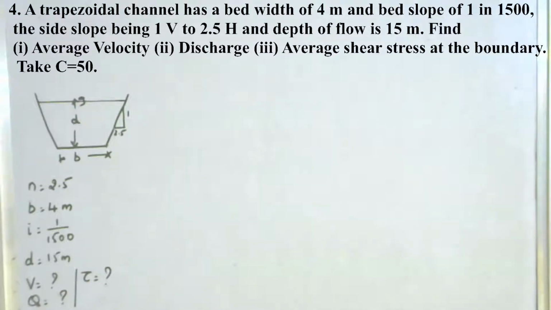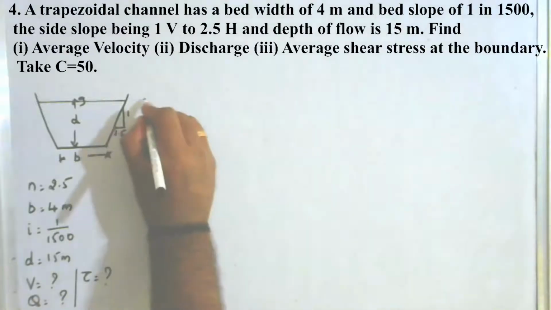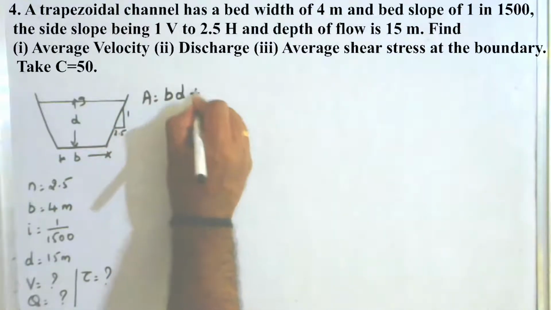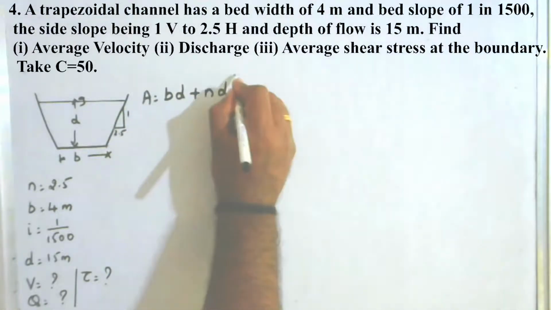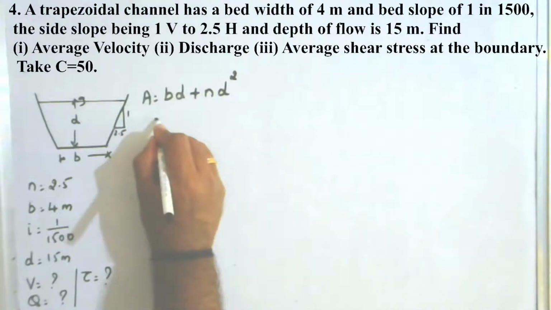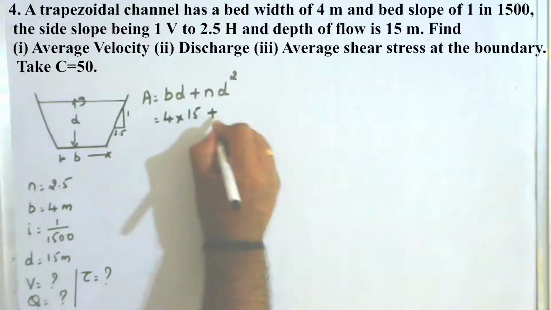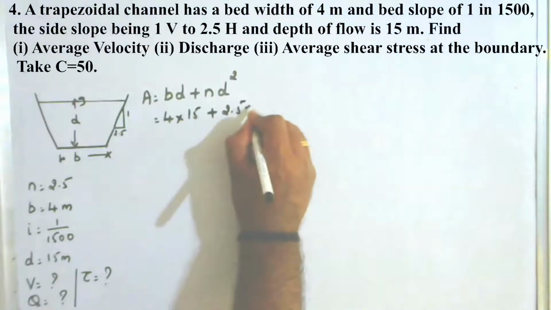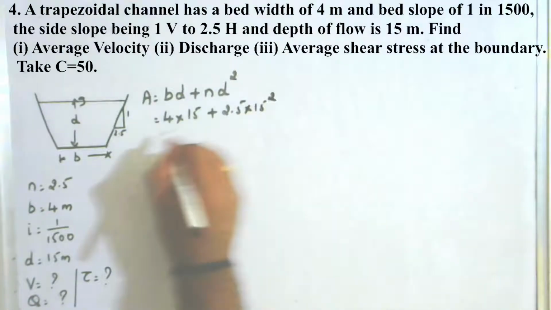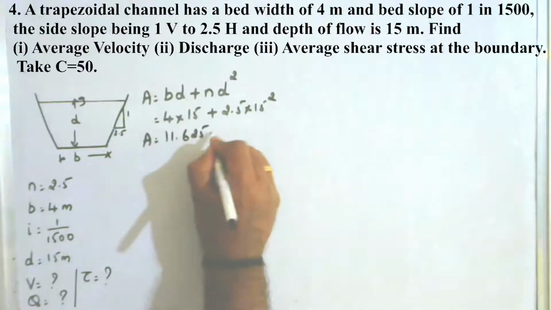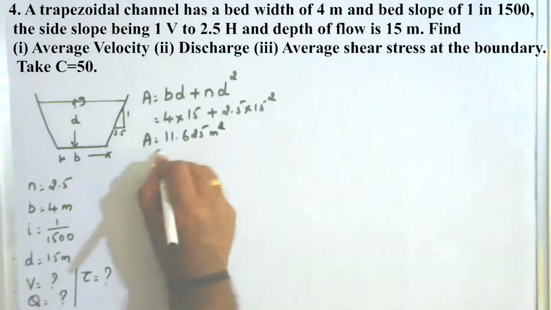Okay, similar to the previous case only, here you have to write what is the area of the trapezium. Area A is equal to BD plus ND square, which is area is equal to B is 4 into D is 15 plus N is 2.5 into 15 square. Area works out to be 11.625 meter square.